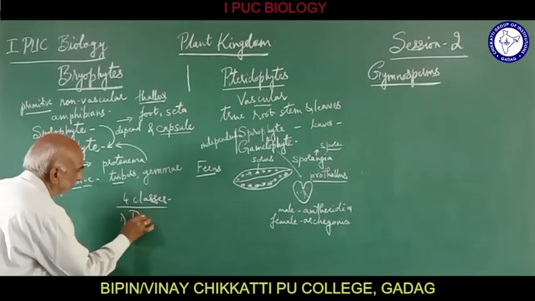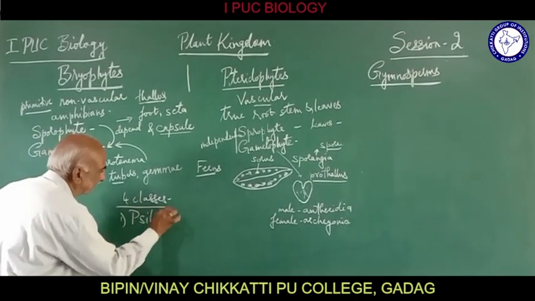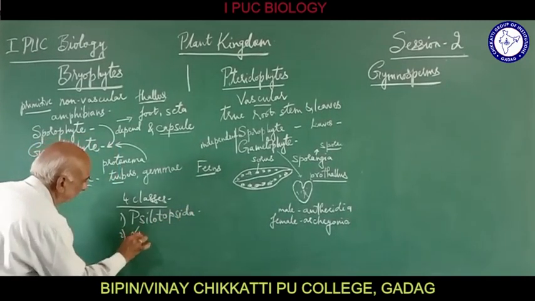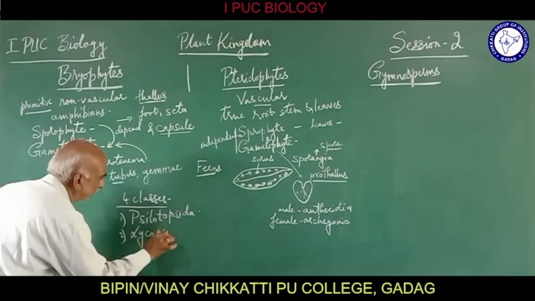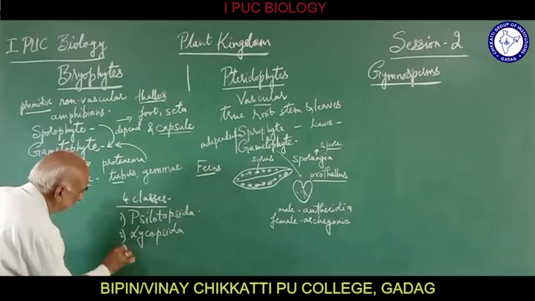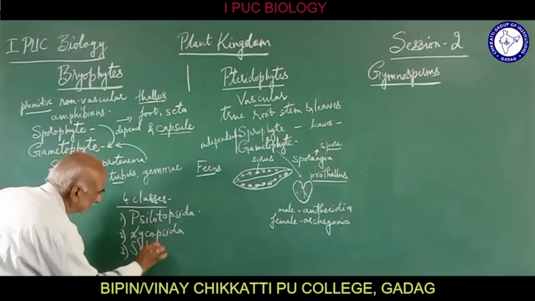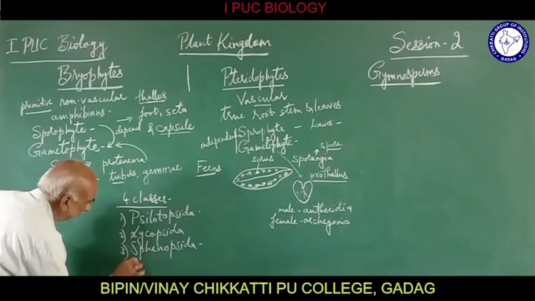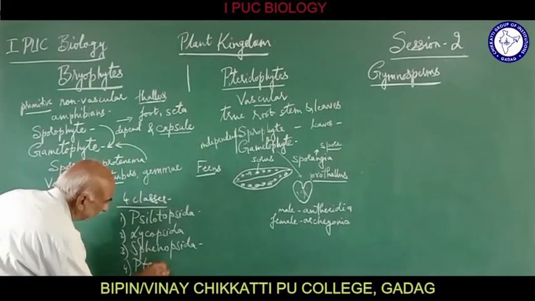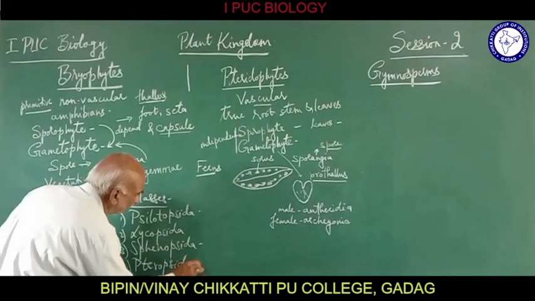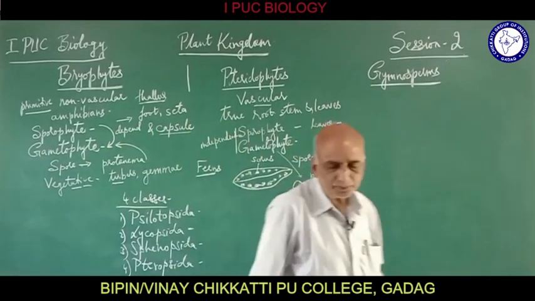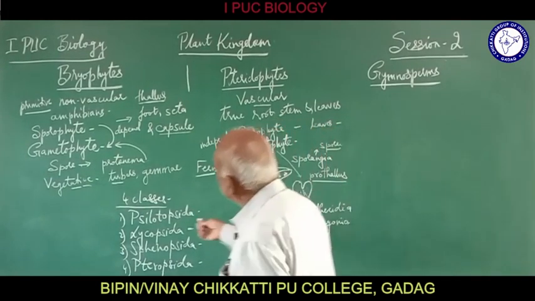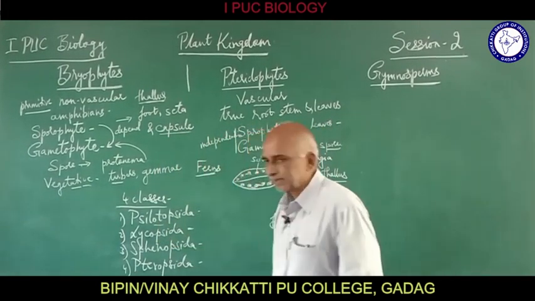One is Psilopsida, then Lycopsida, then Sphenopsida, then Pteropsida. So these are the 4 classes of pteridophytes.